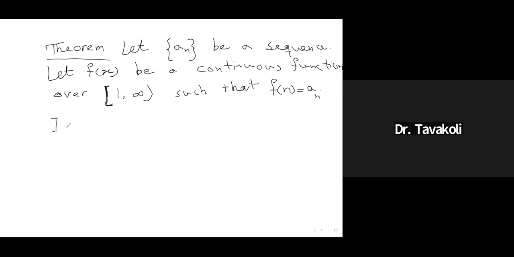If the limit of f of x as x tends to infinity equals L, then the limit of that sequence is also L. So if the function has a limit of L, then we can conclude the sequence has the limit of L as well.